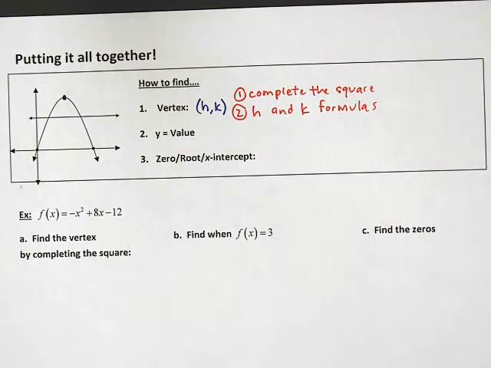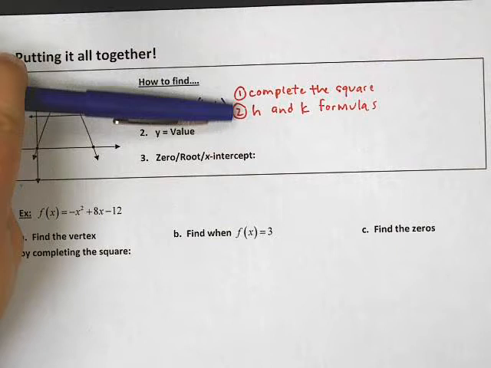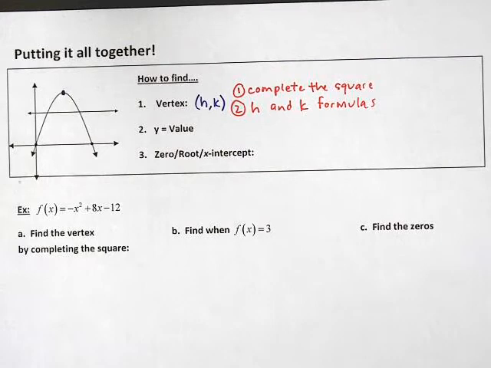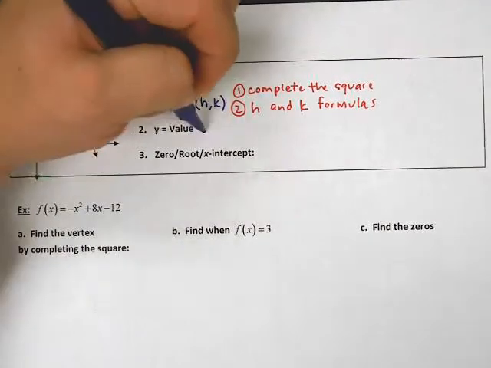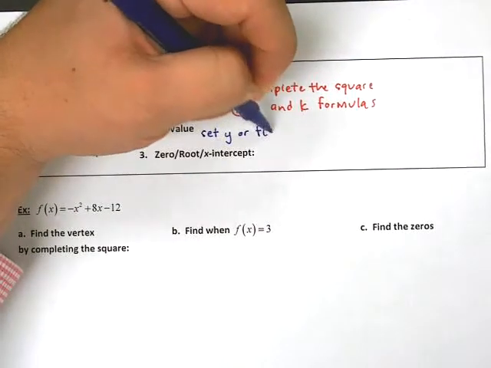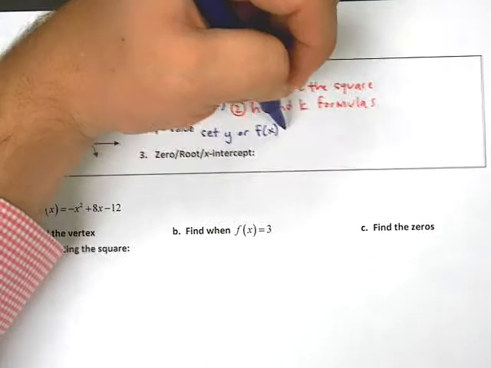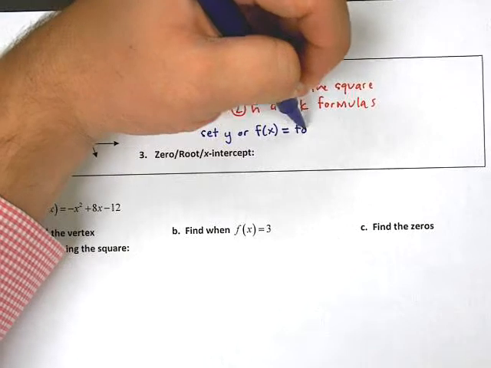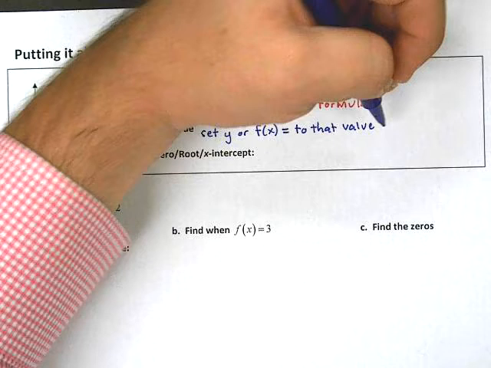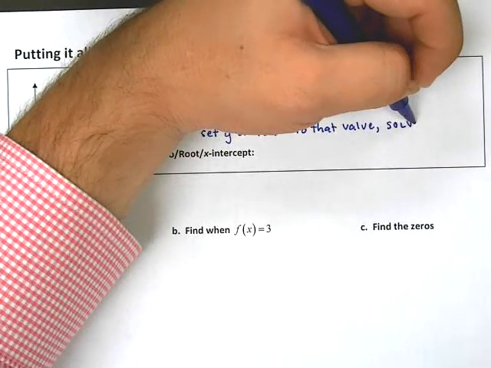All right, so moving on past this chapter, I need you to be able to do both of these tasks. If y is equal to some number, if you're trying to find when y is some number, then you set y, or f of x, depending on what you're writing, equal to that value, and you solve.